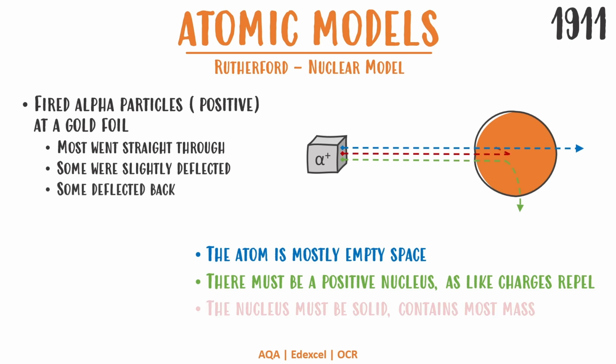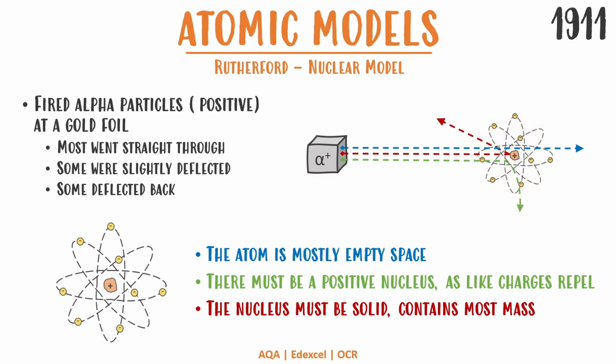And lastly, some of them were deflected straight back, which also suggested that there must be a solid mass. And using these 3 facts, he came up with the nuclear model, where we've got the solid nucleus, or the solid positive center, all that empty space, and then the electrons orbiting.